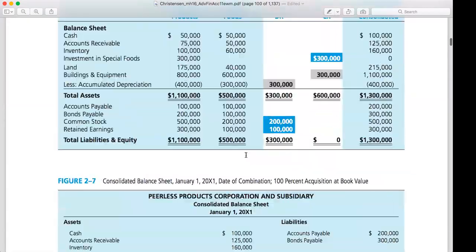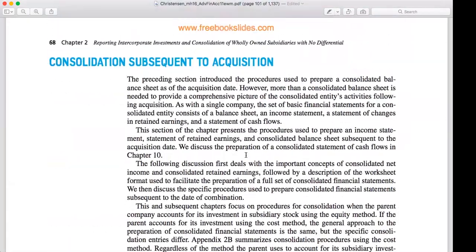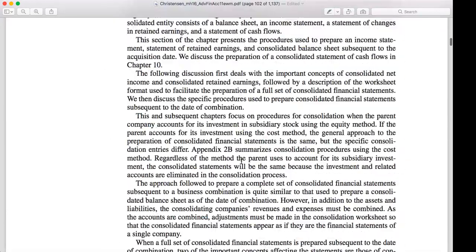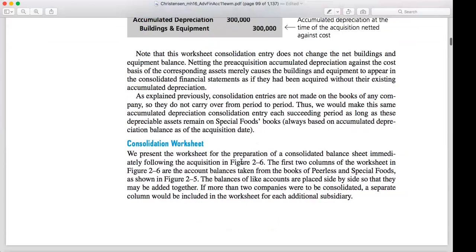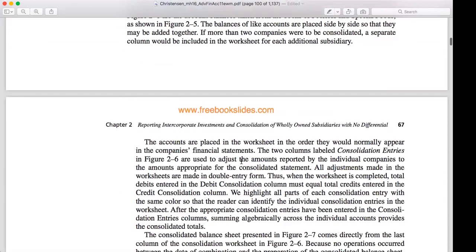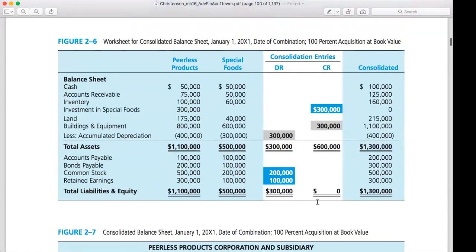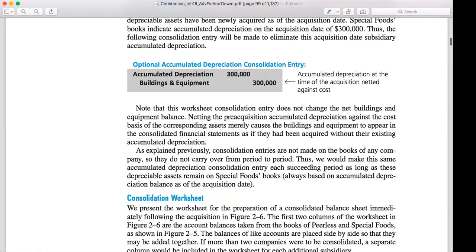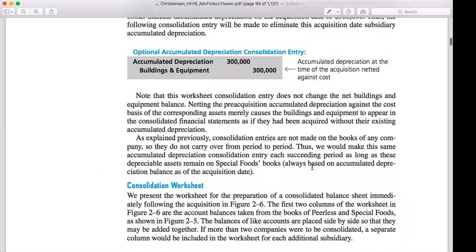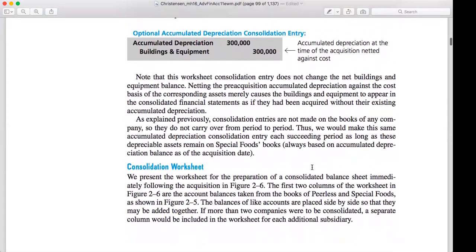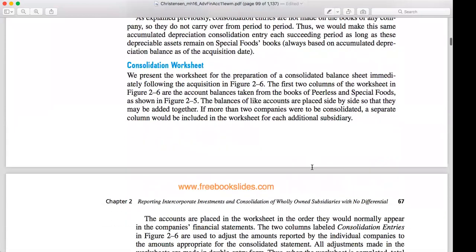This is talking about consolidation worksheet 4. I just want to explain why this number happened here. The balance accounts are placed side by side so that they can be added together.